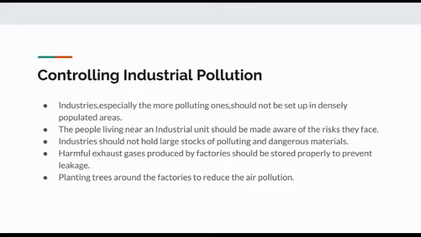Keep only how much is needed, otherwise if something happens, the problem will affect everyone. Especially with polluting and dangerous materials, there should be proper arrangement for storing, handling and disposing of such material.